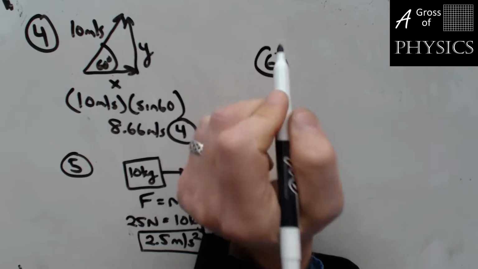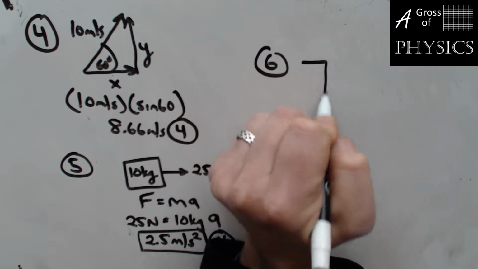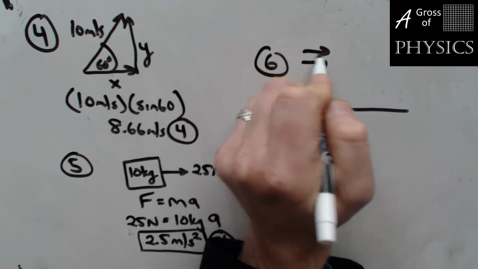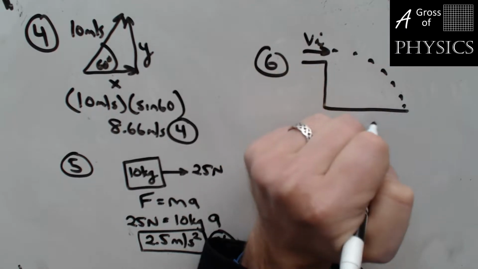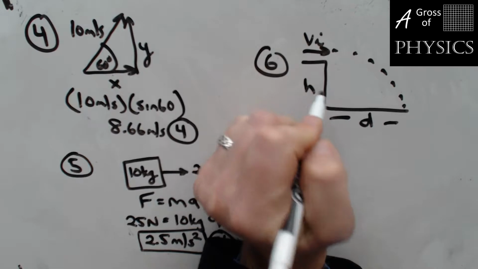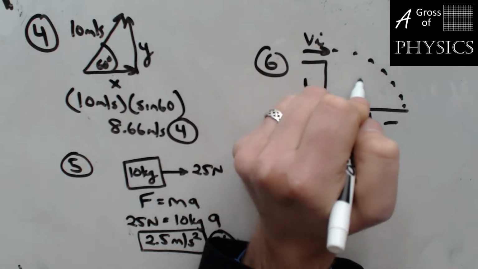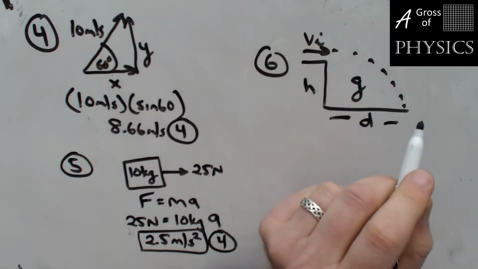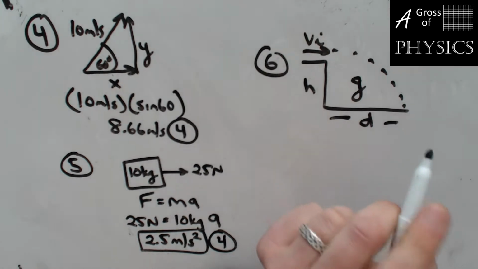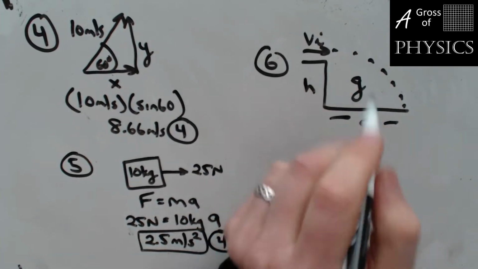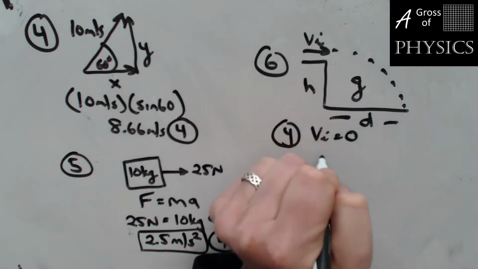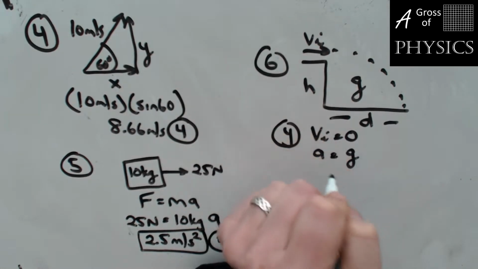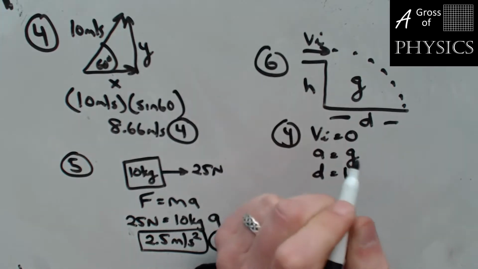And 6. All right, we have a cliff, and we're firing an object horizontally, and it's flying through the air and landing at distance d. We have h, and it says to use g as gravity. What's the total time of flight in terms of the vertical distance? We're going to look at the y only. So vi in the y is 0, a is g, and distance is h.